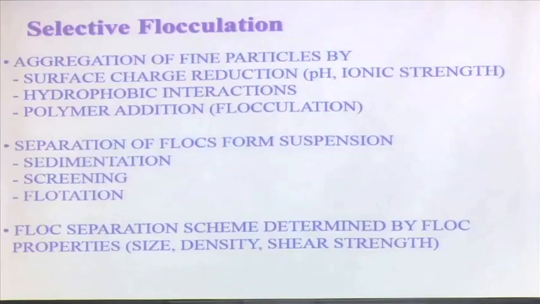Now, selective flocculation: many times what we do is aggregation of fine particles by surface charge reduction, like pH, ionic strength and hydrophobic interactions. You can also add some polymers, that are called flocculants. Okay. Let me give you one example. You have used water.